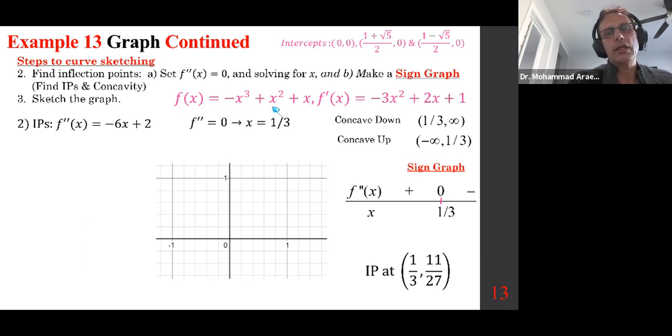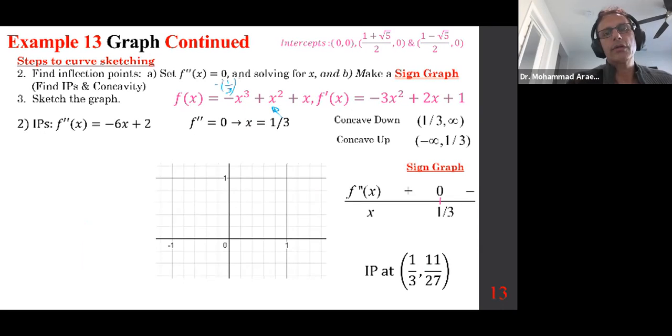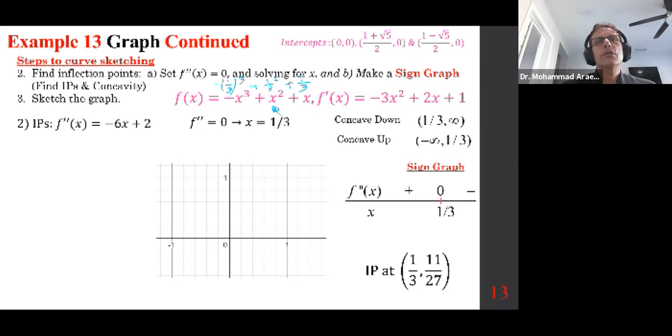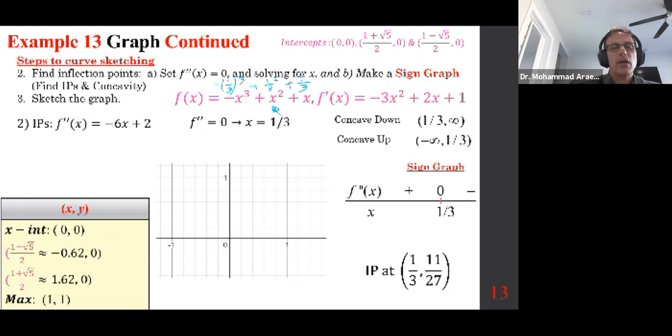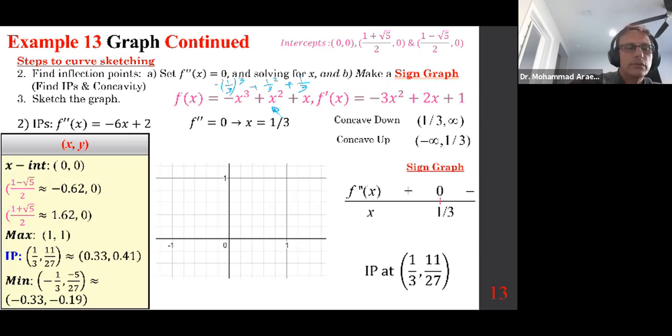So you get negative 1/3 cubed plus 1/3 squared plus 1/3. It gives you 11/27. Now to graph this, class, all we have to do, let's summarize what we found. It's helpful. Anytime we have the summary, it's truly helpful.